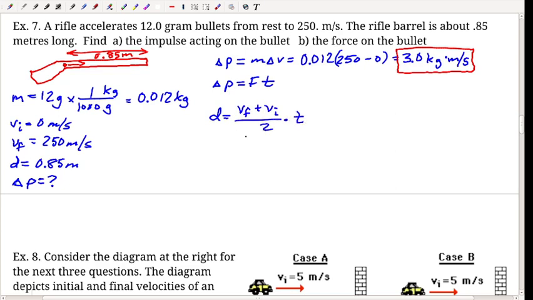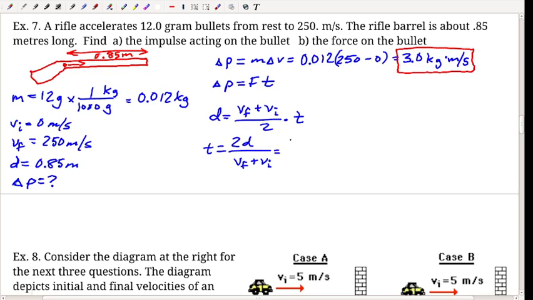This is the average velocity, V final plus V initial, or you could do it the other way around, V initial plus V final, because it's positive, doesn't matter which way you go. Divide by 2. That's going to give me my average velocity. So if I want to solve that for time, multiply the 2 up to the other side and divide by this quantity here. So I'm going to get time is 2d over V final plus V initial.